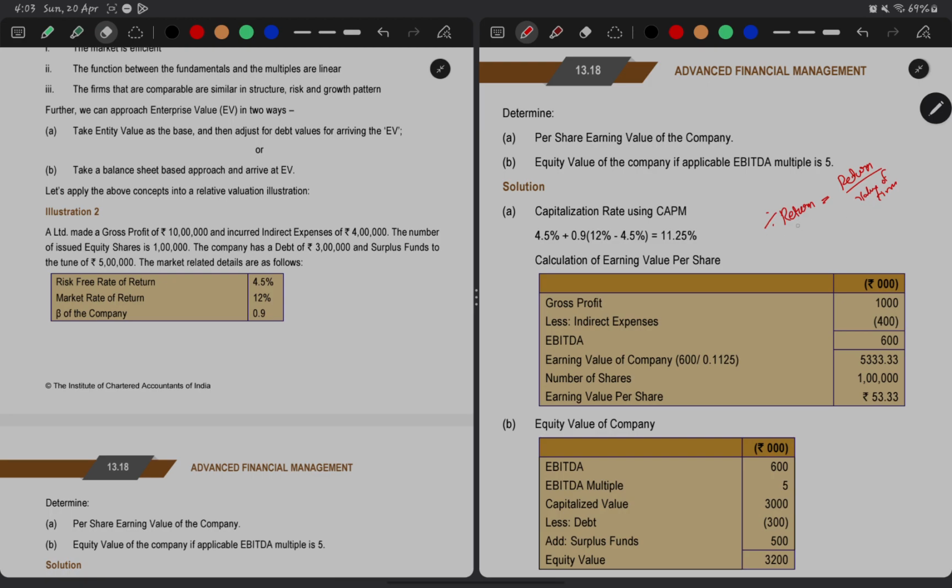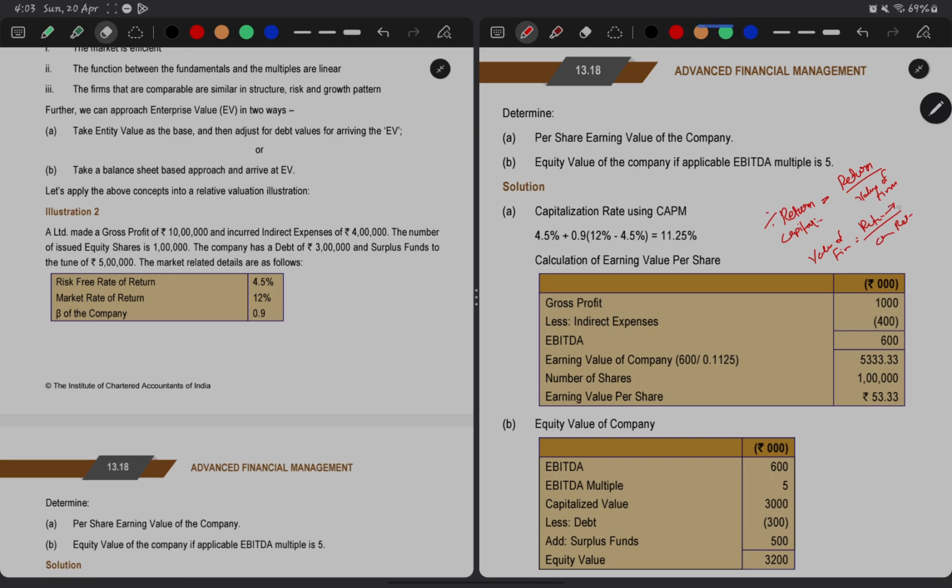What if we know this percentage? So this percentage is nothing but the capitalization rate. So then value of firm equals return divided by the capitalization rate. So that will give us the value of firm, right?